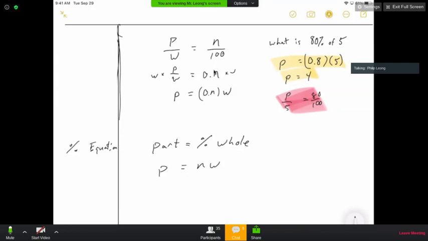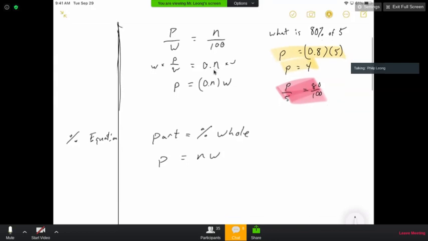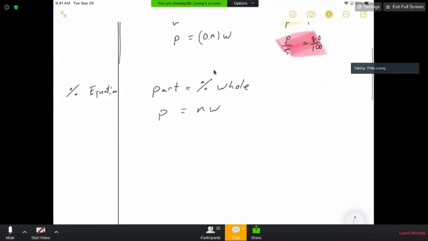Now, what's tricky about this one is you have to make sure you change your percentage to a decimal. But what's good about this is you don't have to set up a whole proportion and cross multiply and divide. So it could be a lot faster for some of you guys who like to go faster.